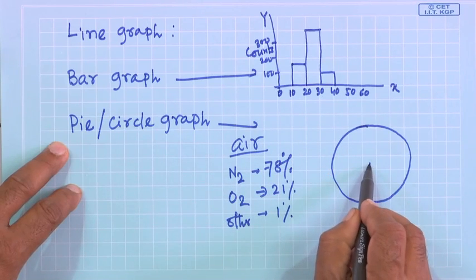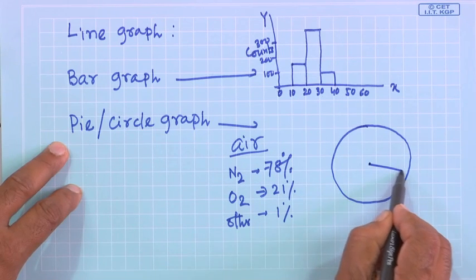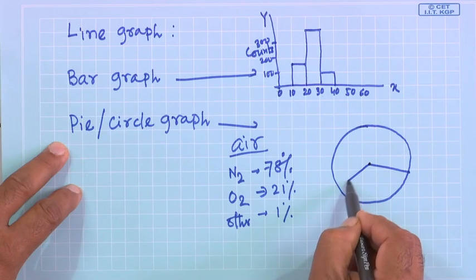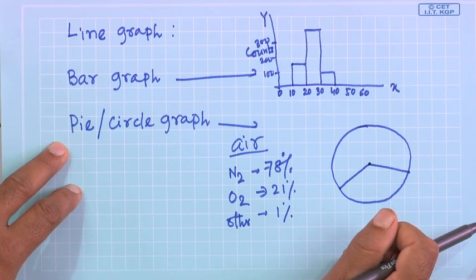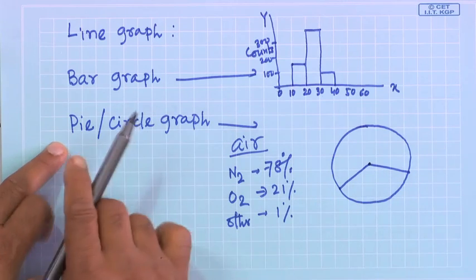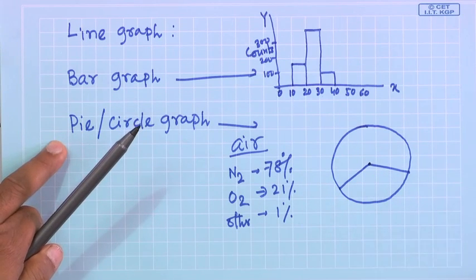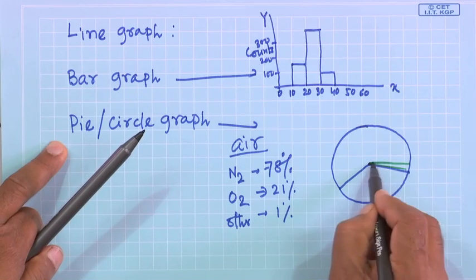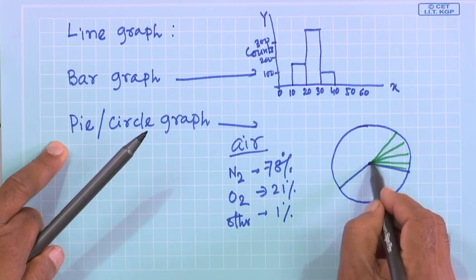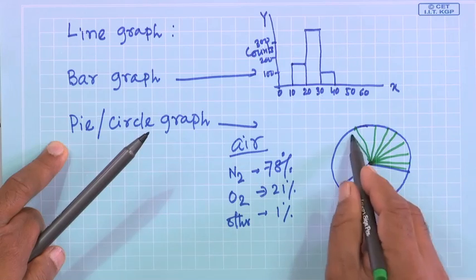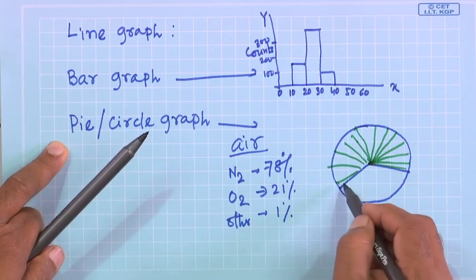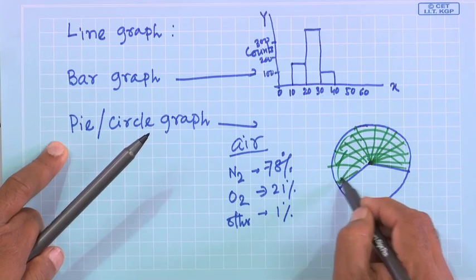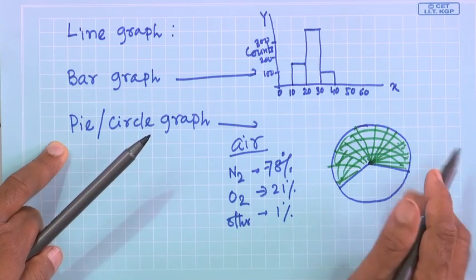So, then you can just divide the area. This portion of area you can mark. Okay. So, basically you just mark it. Generally we use color, different colors. Okay.